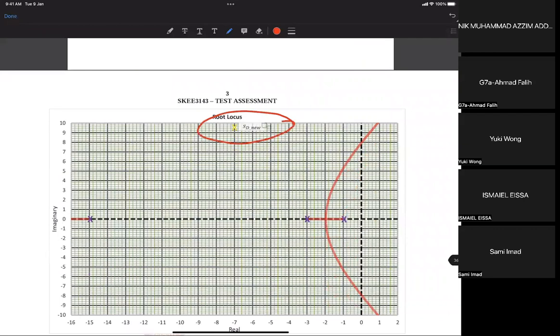So what is the value of the dominant pole from the graph? Which is minus 6.99 plus J 9.56.